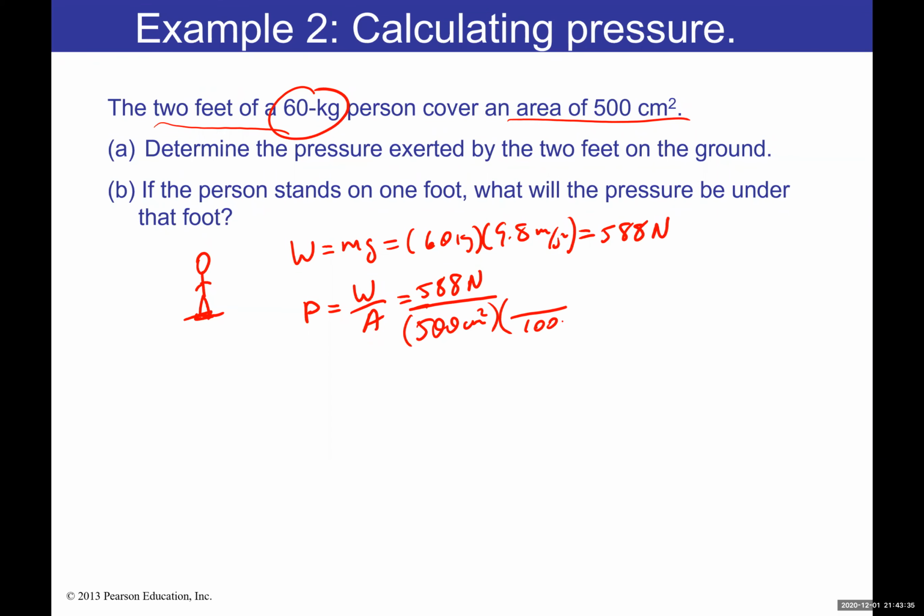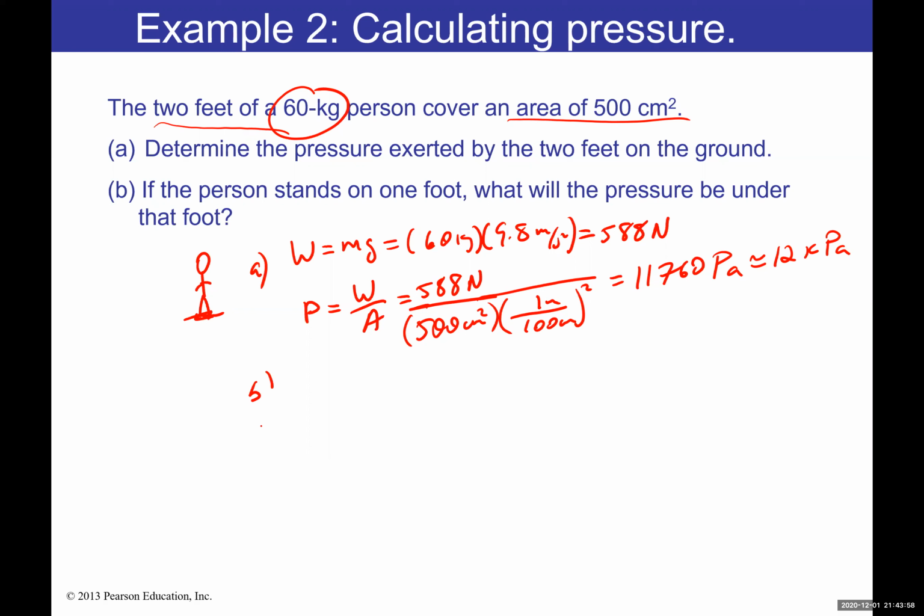So 100 centimeters is 1 meter, but then we have to square that, right? So then, centimeters squared at the bottom. Then we can calculate this to be roughly 11,760 pascals, or roughly 12 kilopascals. All right, so this is part A.